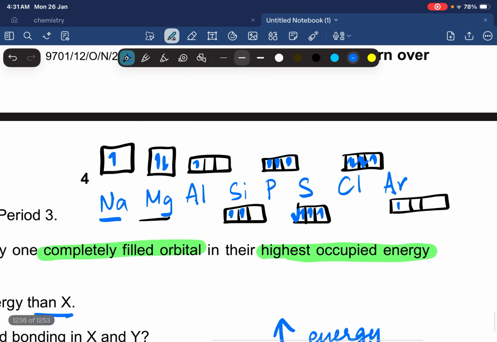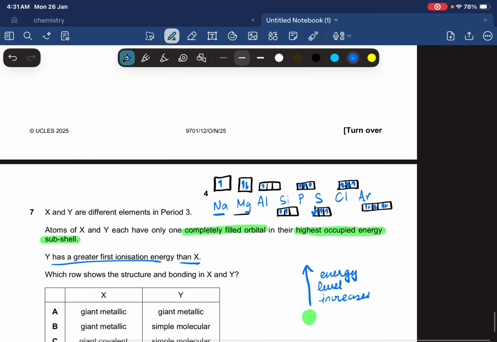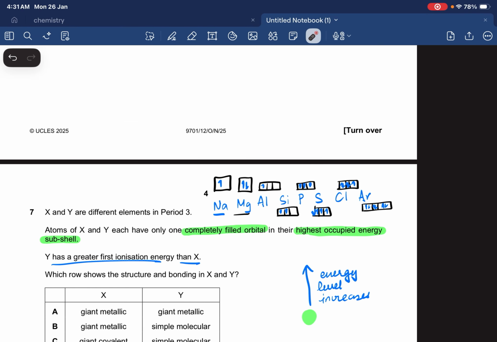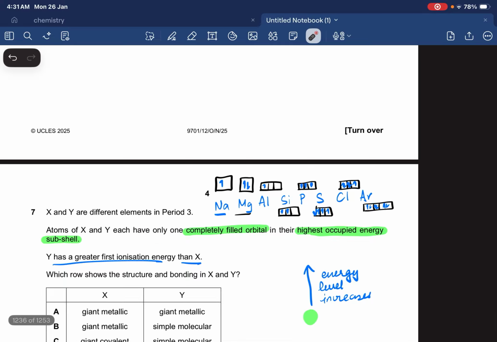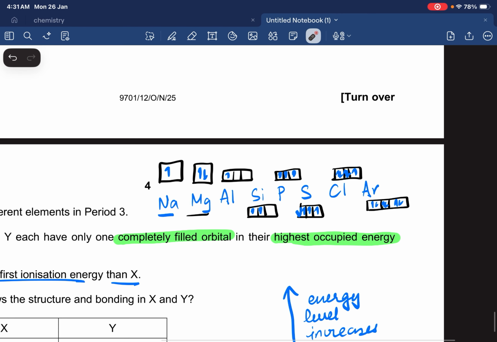And argon is going to have 1, 2, 3, 4, 5, 6. And now let's read the statement again. Atoms of X and Y each have only one completely filled orbital. So there should only be one completely filled orbital.